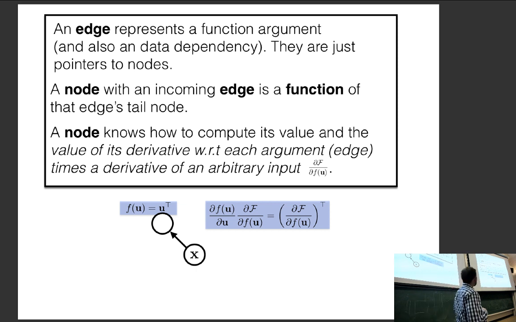The way we do this in neural networks, in computation graphs, is we assume that every node we have, if it represents a function, we can also calculate the derivative of that function, or the gradient of that function, or at least the subgradient of that function. So we assume that we can calculate the gradient of the transpose.